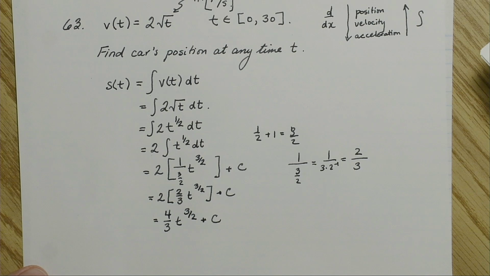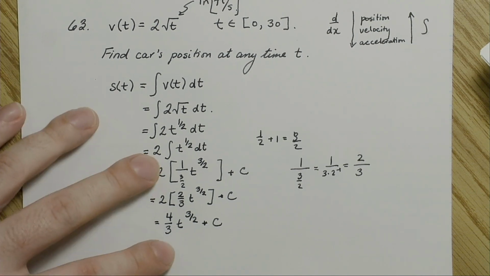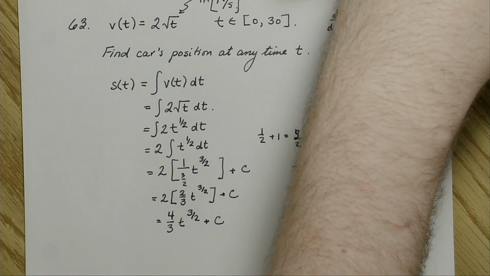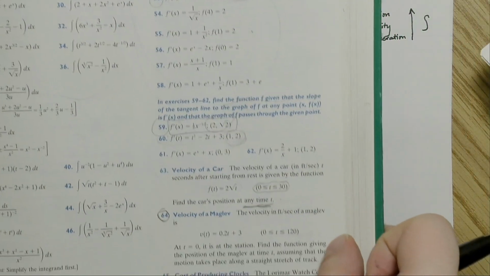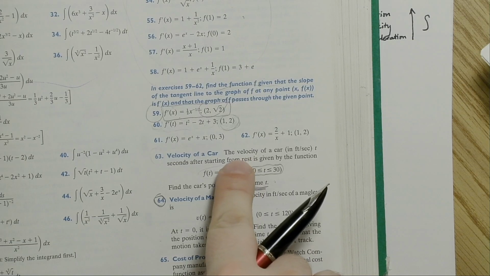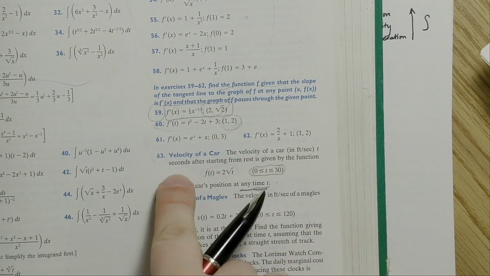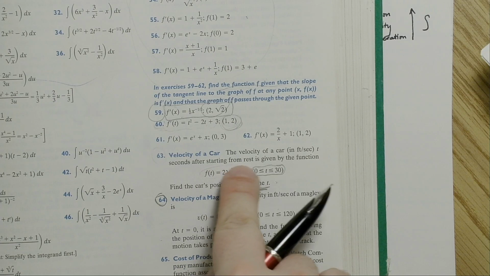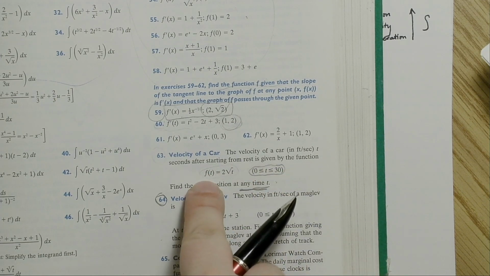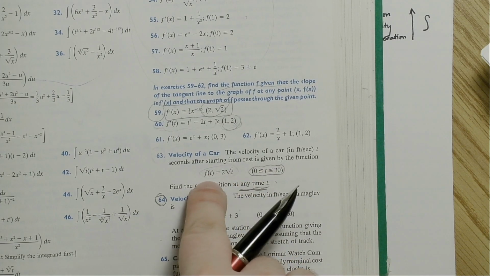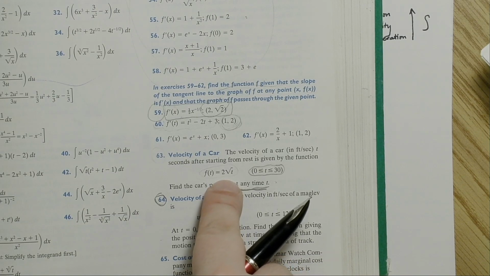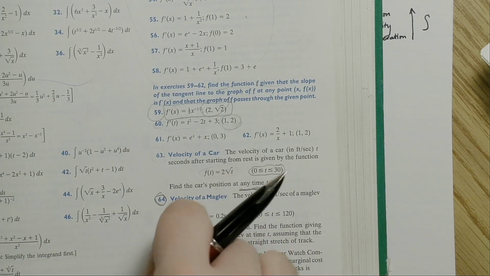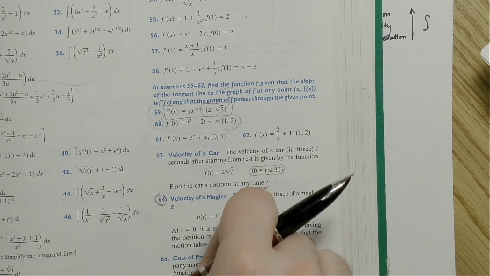In the back of the book they don't have the plus C, and as I'm reading this very carefully, I don't think that they give us any additional information. What it does is it tells us the velocity of the car after starting from rest is given by this function, the velocity function. It doesn't actually tell us what position it started from initially.